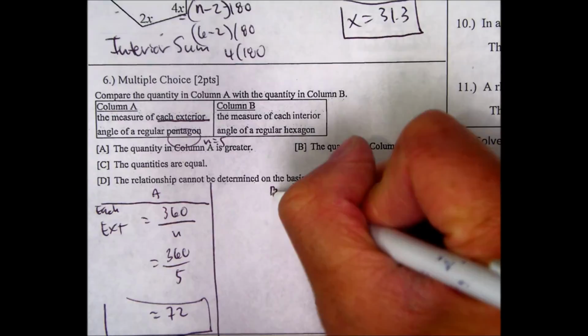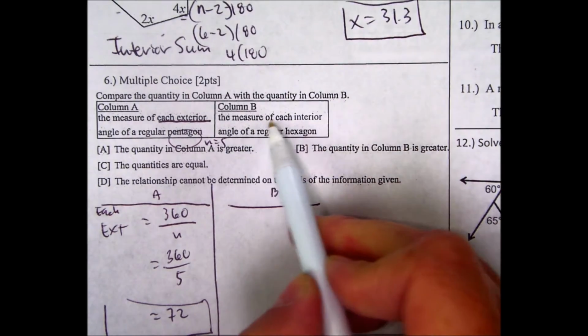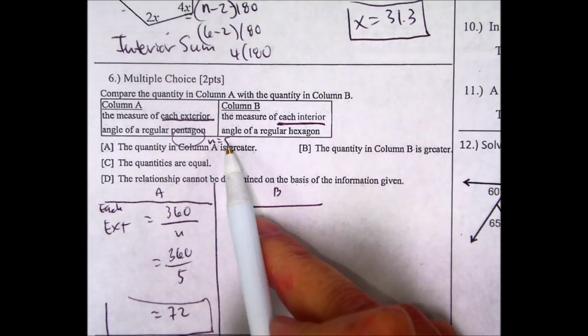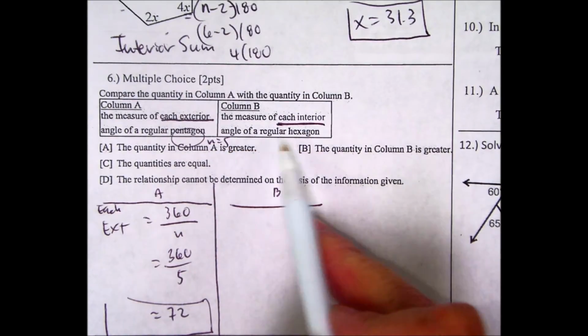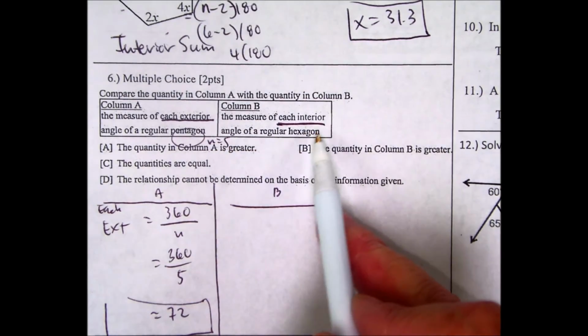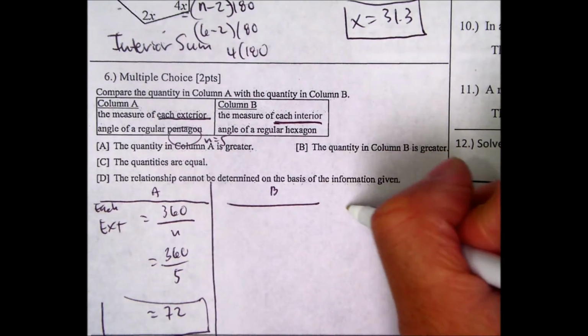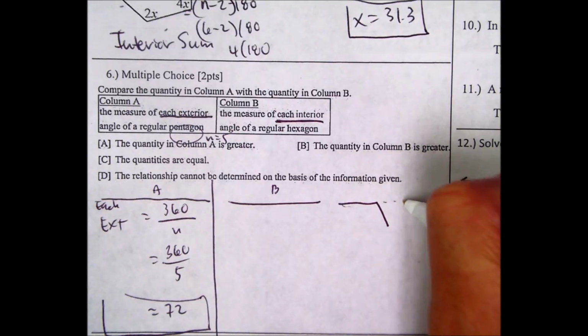Alright, let's compare that with B now. The measure of each interior angle of a regular hexagon. Again, I usually don't use the each exterior angle formula. I think it's a little bit more difficult, so I just draw this picture. This is the interior, this is the exterior.